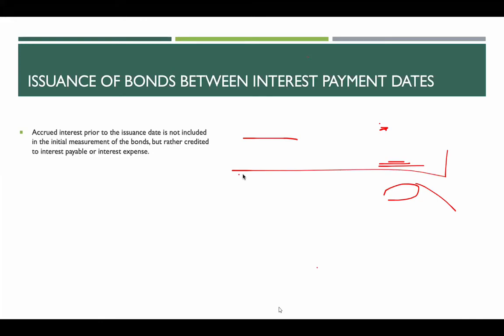So the standard says the accrued interest prior to the issuance date is not included in the initial measurement of the bonds. Rather, it is credited to interest payable or interest expense. So meaning, it should not be part of the carrying value of the bond on initial measurement. So if the payment made by the investor includes the payment for accrued interest, then we have to deduct that accrued interest.